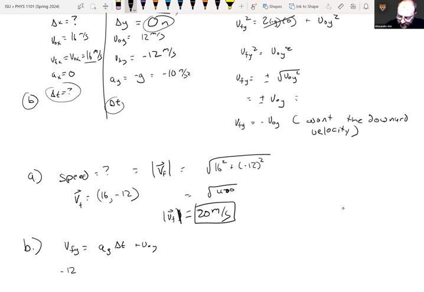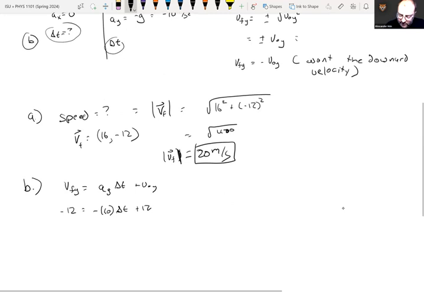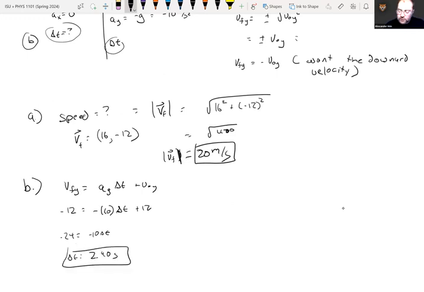So that'd be negative 12 equals negative 10 for a sub y, and then delta t is what we're looking for, plus 12. So we end up with negative 24 equals negative 10 delta t. And delta t is just going to be negative 24 over negative 10, which is 2.40 seconds. Okay, so that is how we would do that one.